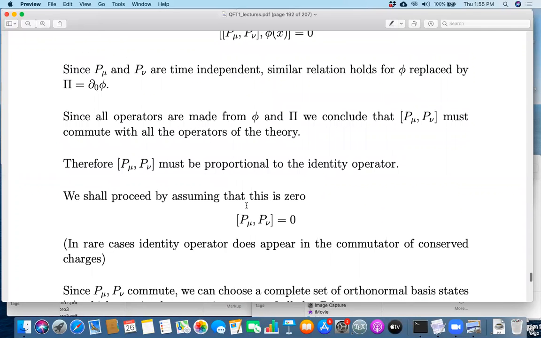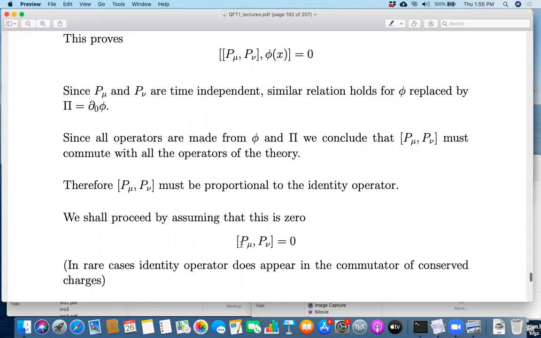And now notice that earlier we had said that we'll assume that the vacuum is translation invariant. That means p mu on the vacuum is 0. That we couldn't have done if there is an identity operator sitting on the right hand side, right? Because if p nu annihilates the vacuum, then obviously this commutator will also annihilate the vacuum. But if there's an identity operator sitting on the right hand side, then that doesn't annihilate the vacuum, right?